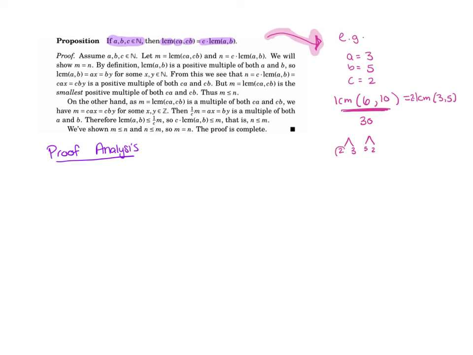And when I'm looking for the least common multiple, I've got to take one of each of those prime numbers that appears. So I'm going to get 30. Over here, the least common multiple of 3 and 5, they have nothing in common, so their least common multiple is the product, so that's 15 times that 2, that's 30. So in this case, it did actually work.